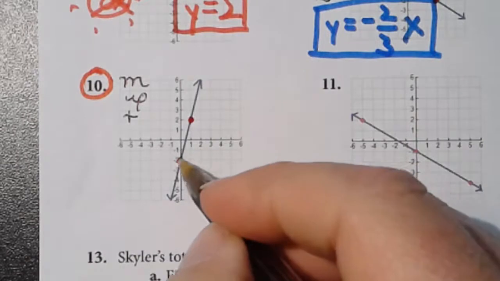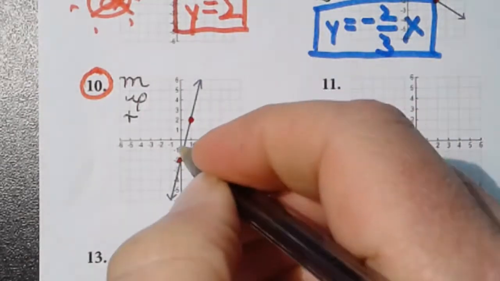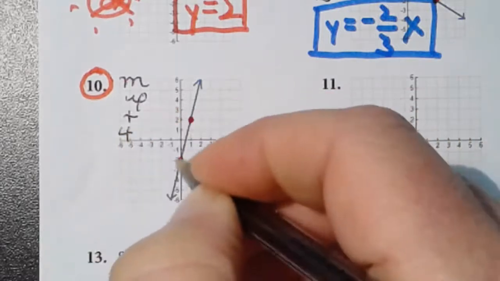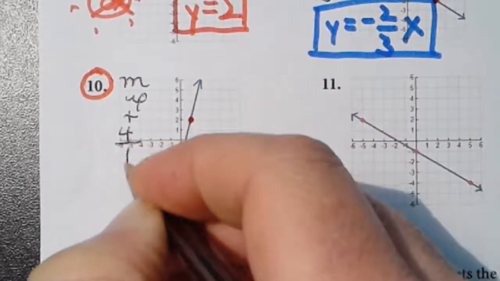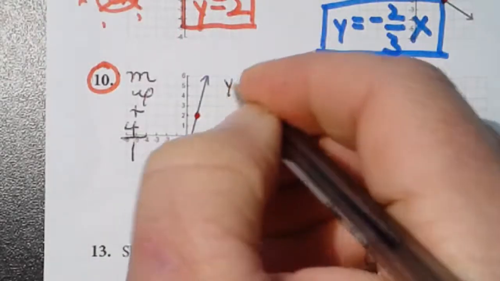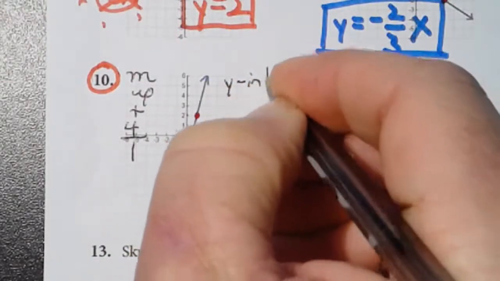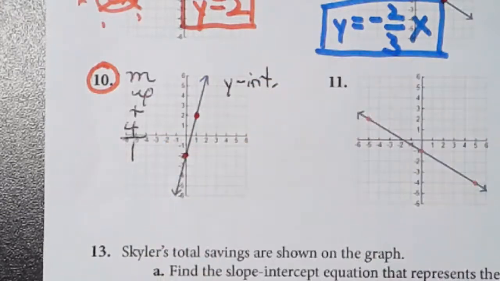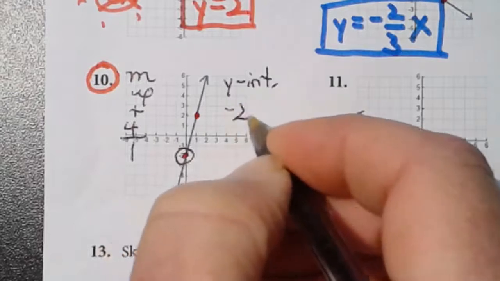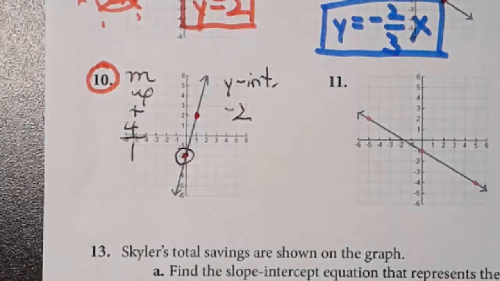What's 4 divided by 1? 4, right. What's the y-intercept here? I'm down to 3%. This might legit be the last one. The y-intercept is -2. So what's my equation? Slope 4, then the x, which means y equals 4x minus 2.